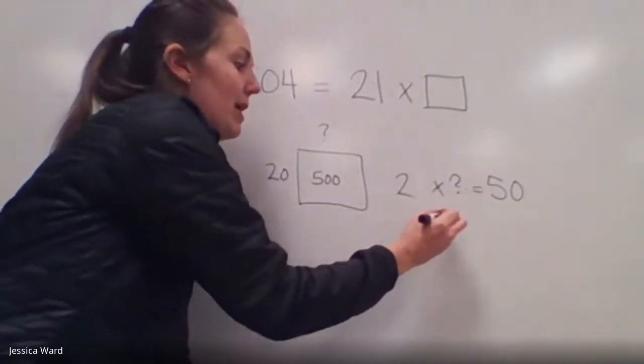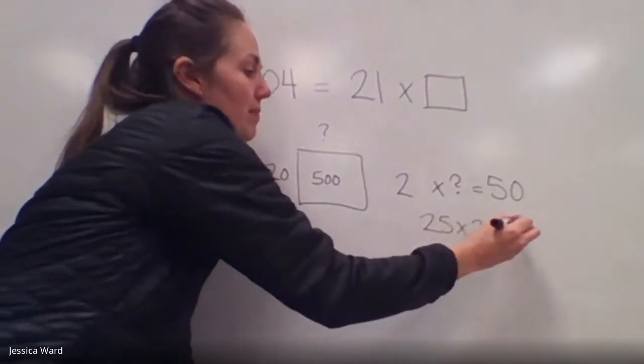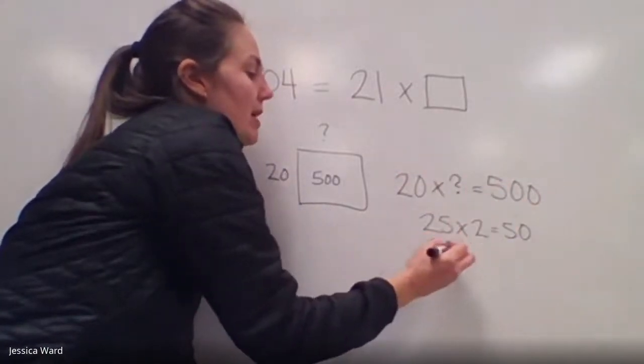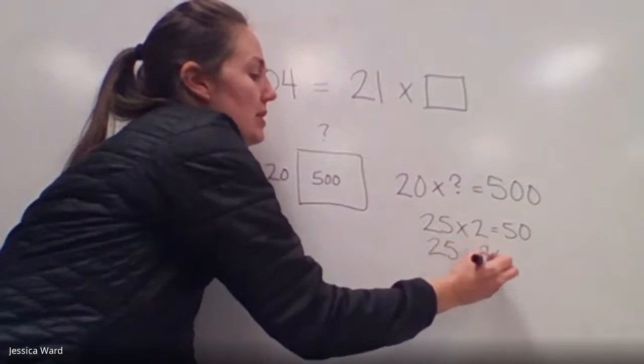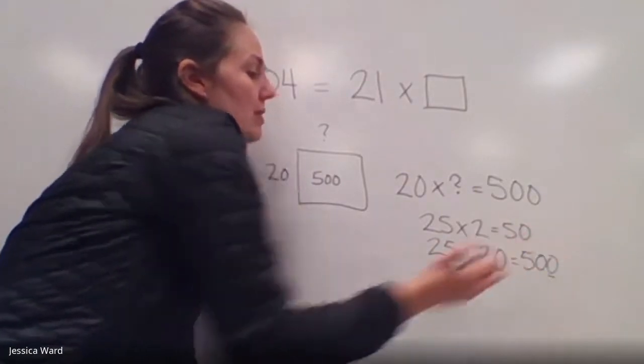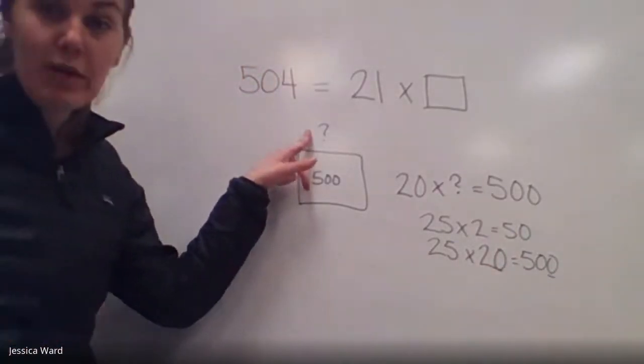Well, 25 times 2 equals 50. So if I add my zeros back in, 25 times 20, one more zero, equals 500. Okay, so we would know that our mystery number would be 25.